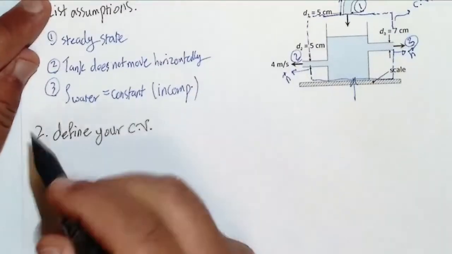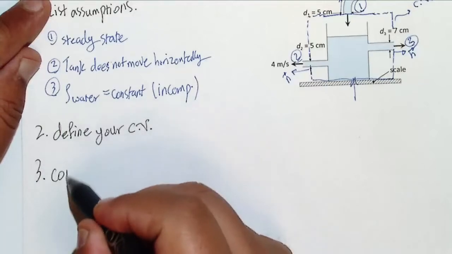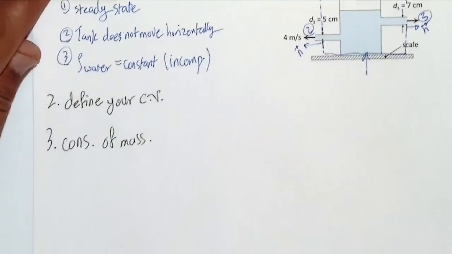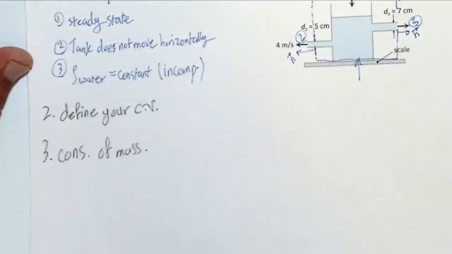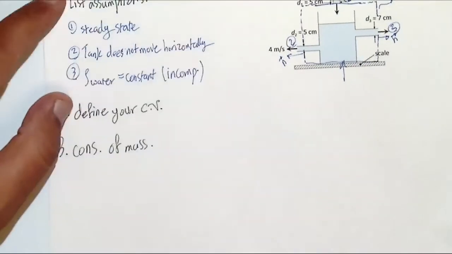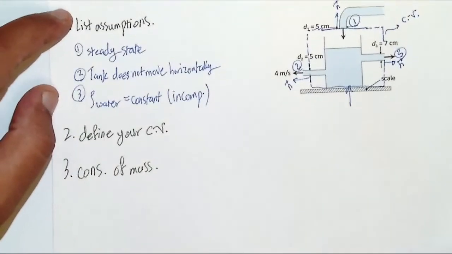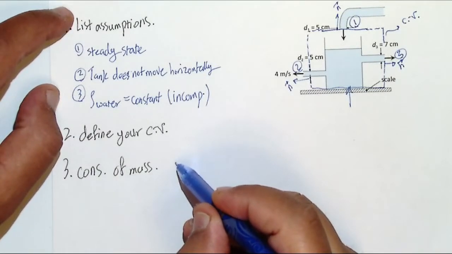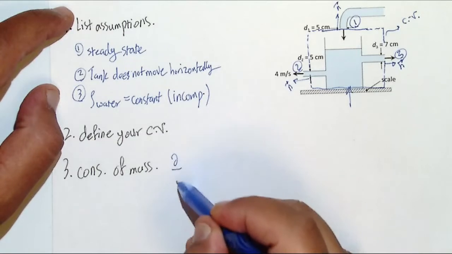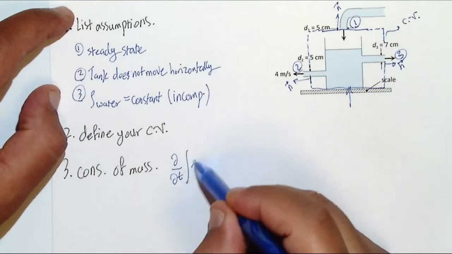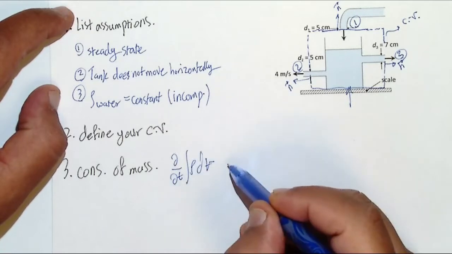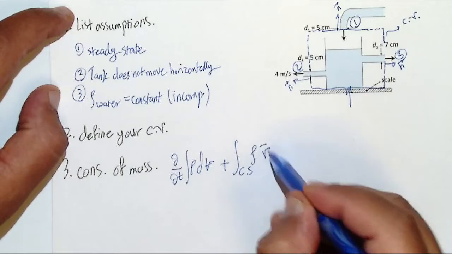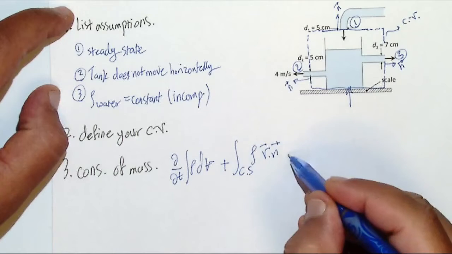Now the third part is conservation of mass. So you need to apply conservation of mass. If you remember the equation that we talked about in the previous class, the conservation of mass, or continuity equation, is d/dt of the integral of rho dV, plus on the control surface, integral of rho V dot n times dA.